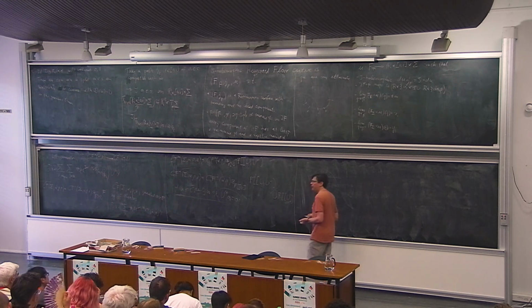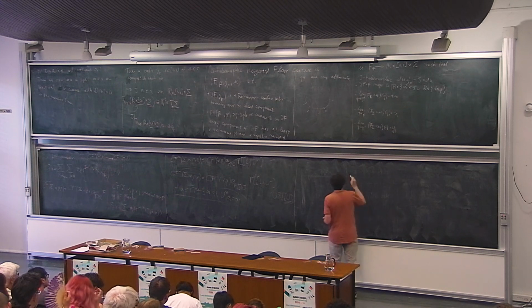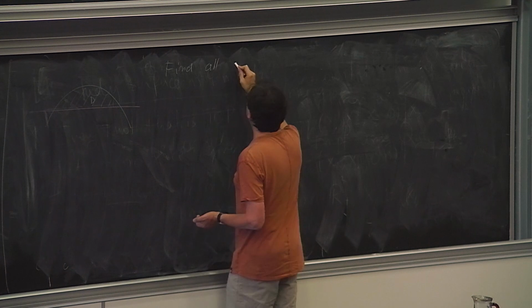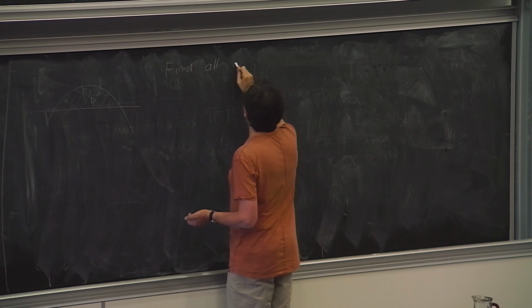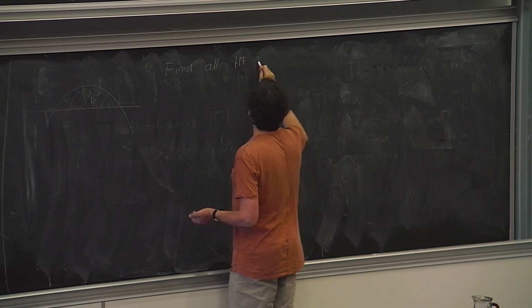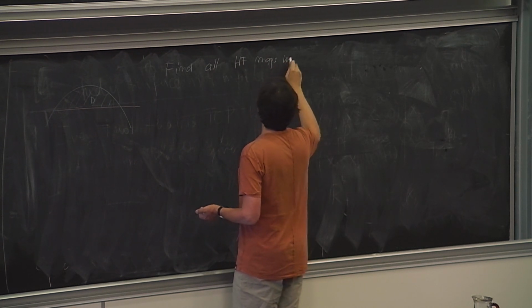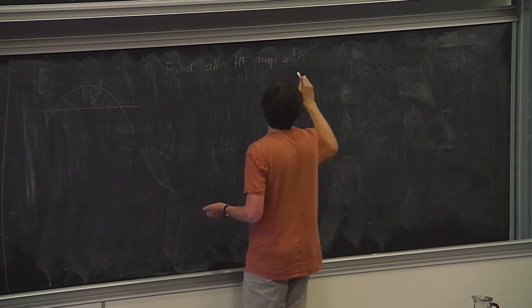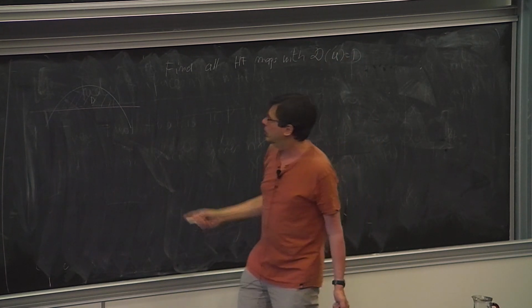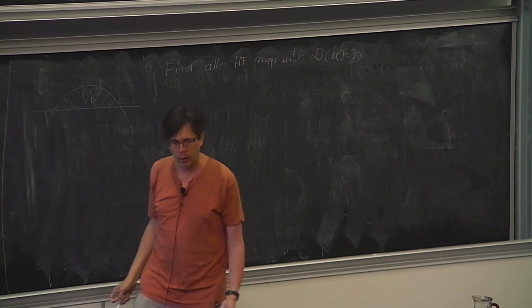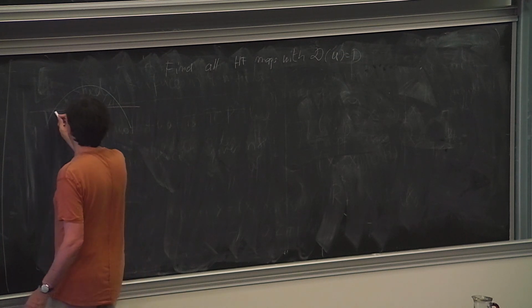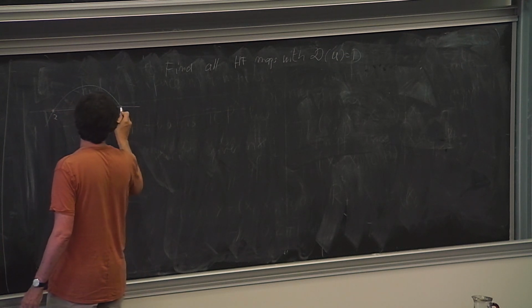D is a region. Find all Heegaard Floer maps with this shadow. And let's here put x, and let's here put y.